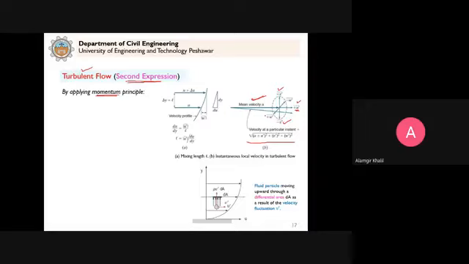Similarly, in the z direction it can have minus w dash and plus w dash. So you have one velocity, but it can have fluctuation in three directions. That is why, if you want to calculate the velocity at a particular instant, it will be given by this equation.